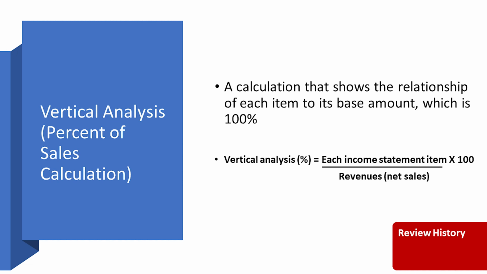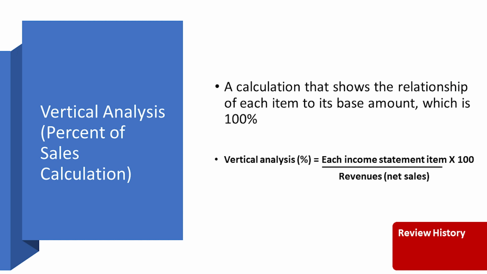I take $10,000, I divide it by my revenue number, and it tells me it represents so much of my revenues. So if I have $100,000 in revenue, I would take the 10,000, that would be on the top. I divide it by 100,000, it's going to give me 0.10. I multiply it by 100%. It tells me that my labor cost, in this case, represents 10% of my revenue.